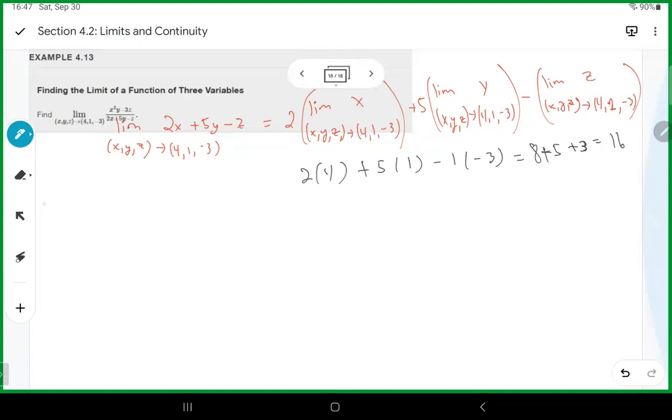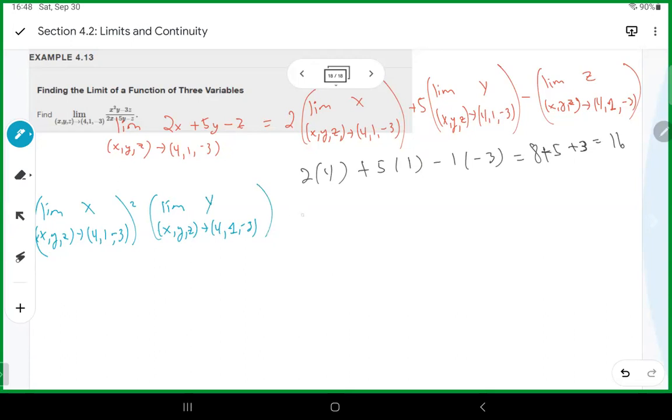Looking at the numerator now, so our limit x, y, z goes to 4, 1, negative 3, and it's going to be x, but we're going to pull the squared out, and then times that limit repeated y.